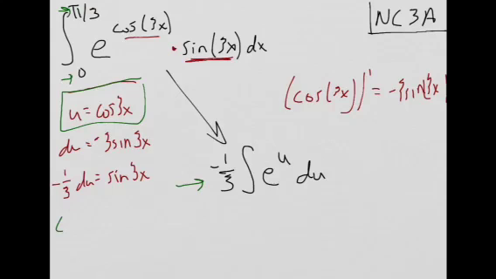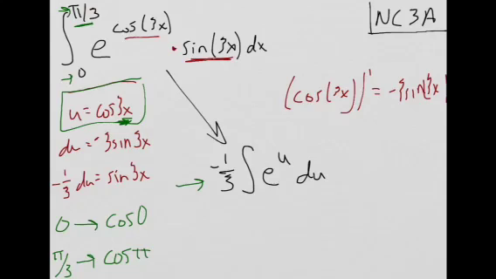So 0 for x tells me to take the cosine of 3 times 0, so that's cosine of 0, and I'm plugging that in right here. I'll work that out in a moment. And then the next one has pi over 3. So pi over 3 for x tells me that I want to take the cosine of, when I plug that into my u, the 3's cancel, so I just get cosine of pi.